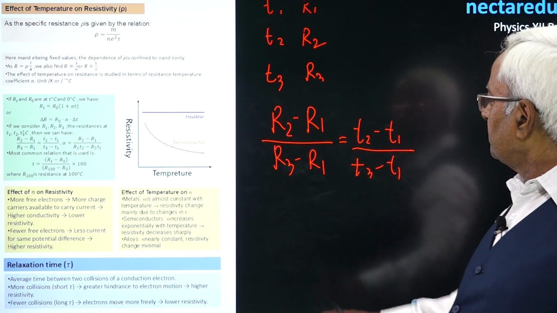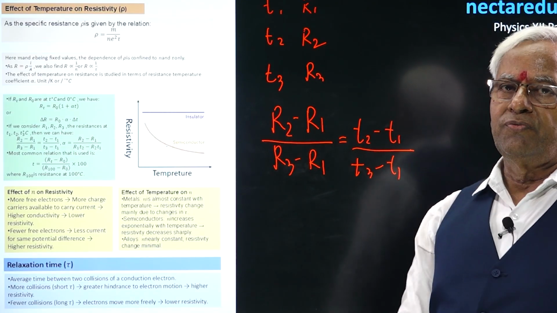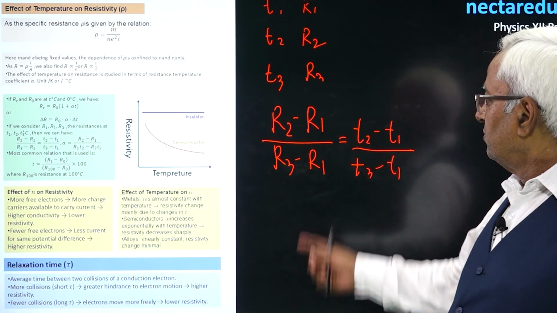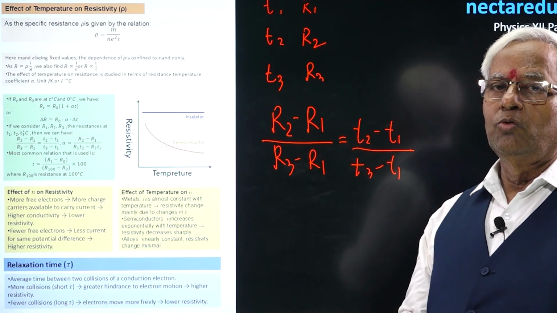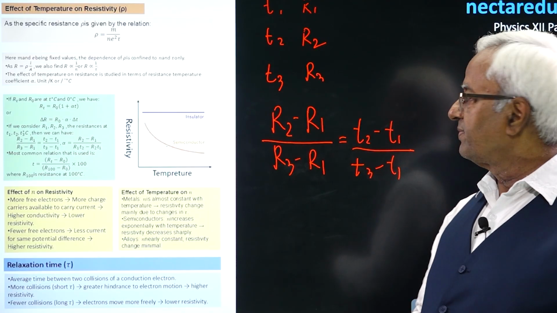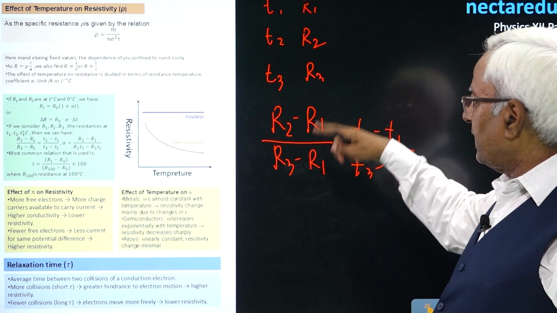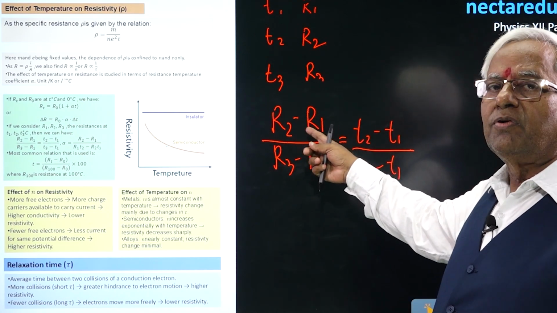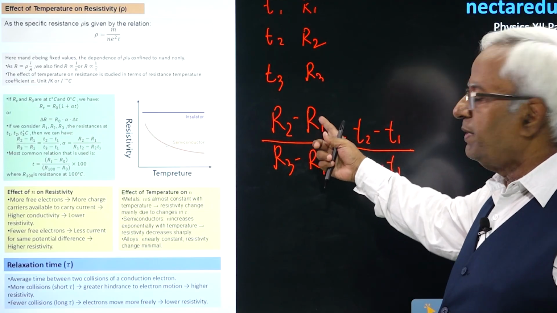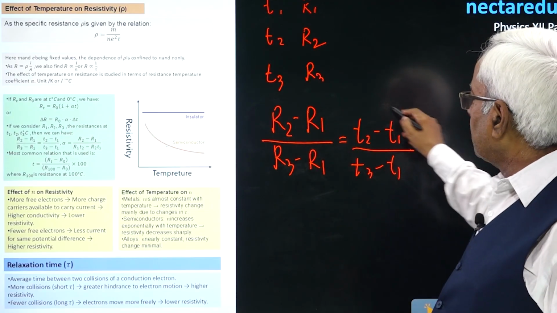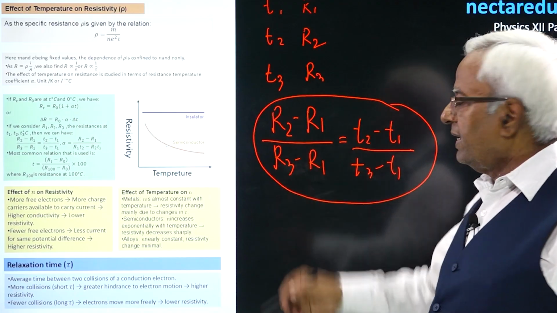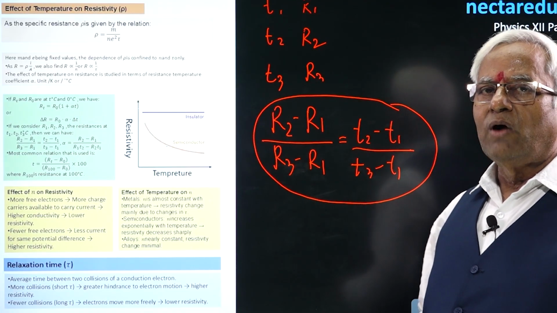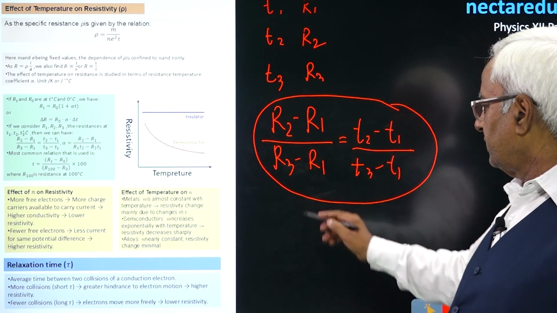Why? Because this same pattern will be followed by length also, by volume of gases, pressure of gases. When we study gas laws, we write V2 minus V1 for volume, P2 minus P1 for pressure. This is applicable for resistance, pressure, volume and length also, length of a wire or rod.